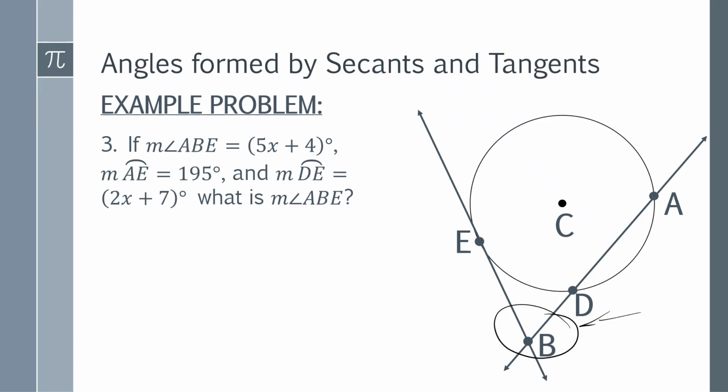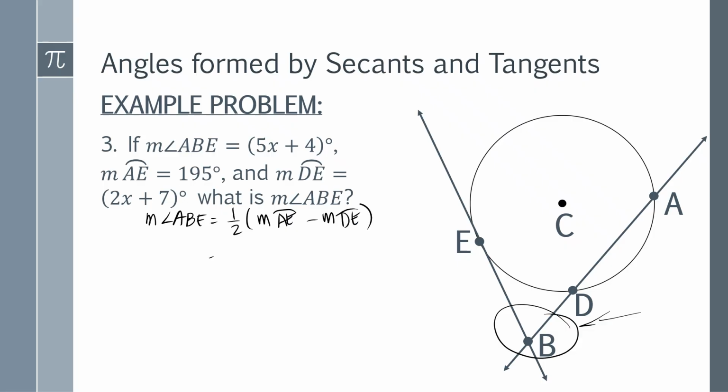So let's say the formula is the measure of angle ABE is equal to one half the measure of the major arc AE, because this is major and DE is minor, minus my minor arc DE.